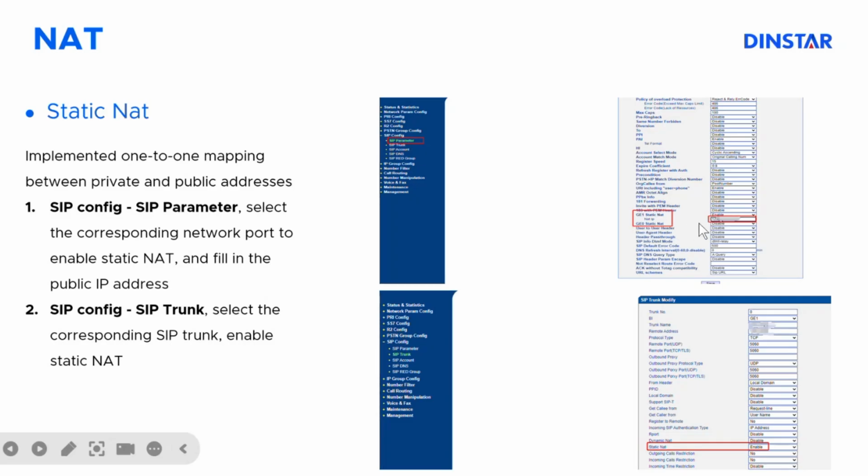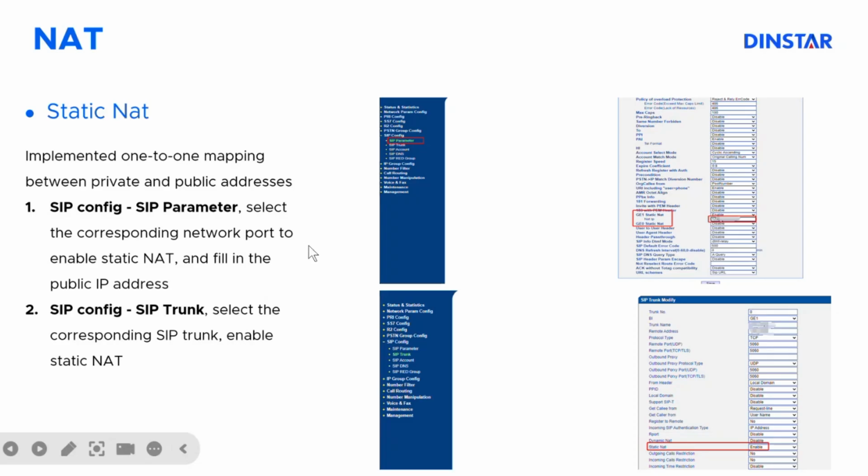After enabling it, the MTG will use this public IP when communicating with the SIP server, so the server can send messages back correctly instead of trying to reach a private IP.